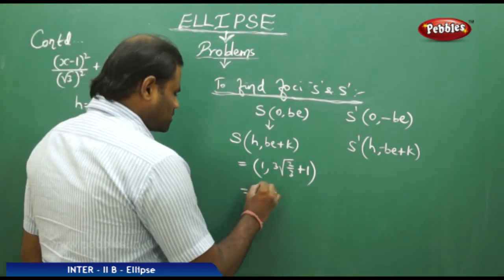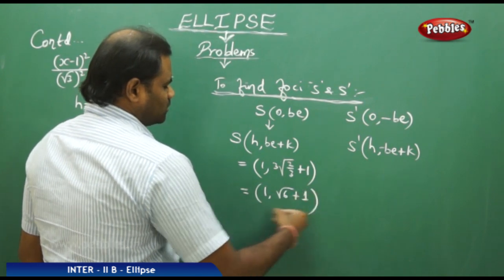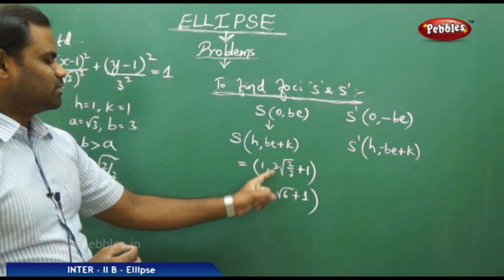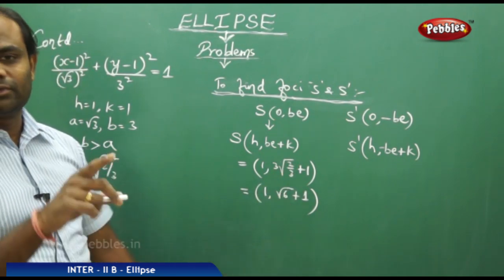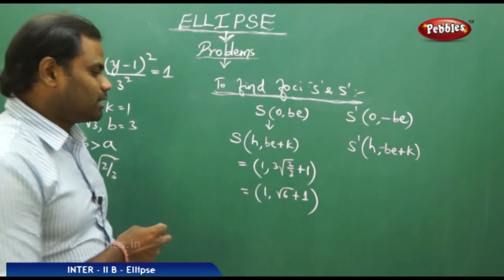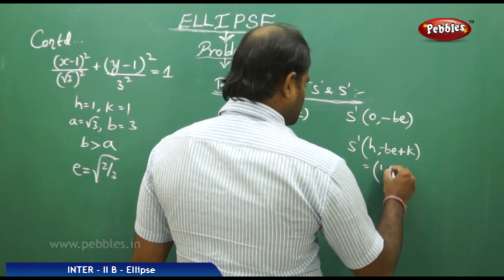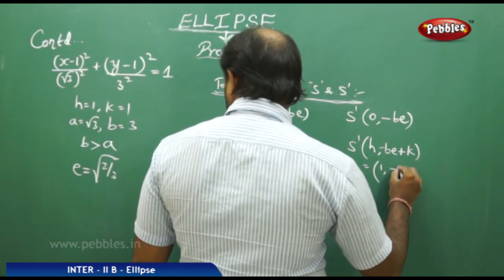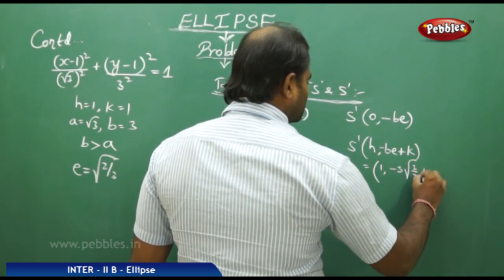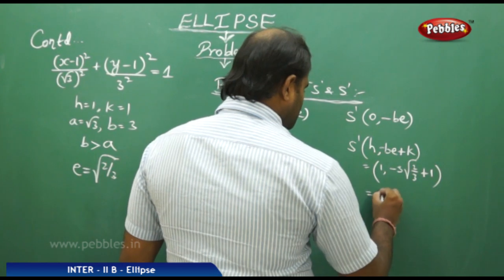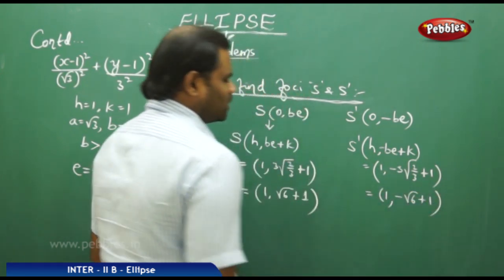So this can be further simplified to root 6 plus 1, because the 3 gets cancelled with root 3. Root 3 times root 2 is root 6, with root 3 and root 3 getting cancelled. And similarly, this will be h, which is 1, and minus be, which is 3 times root 2 over 3, plus k, which gives us 1 minus root 6 plus 1.